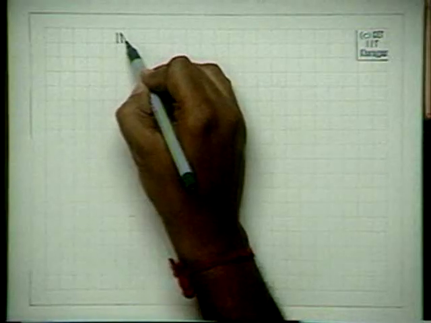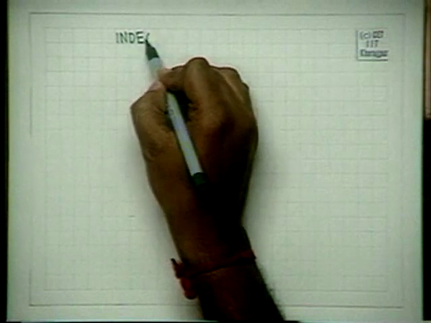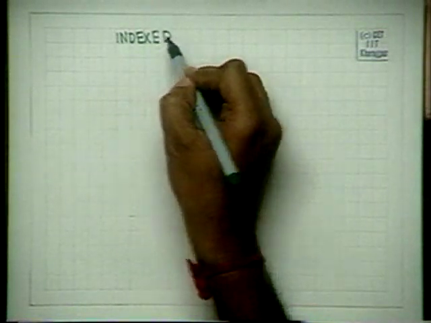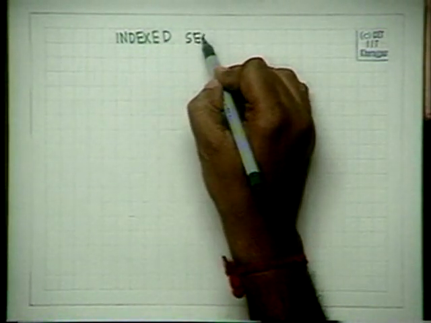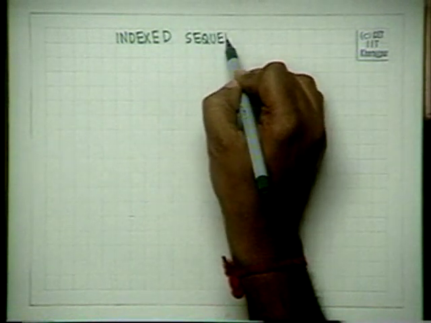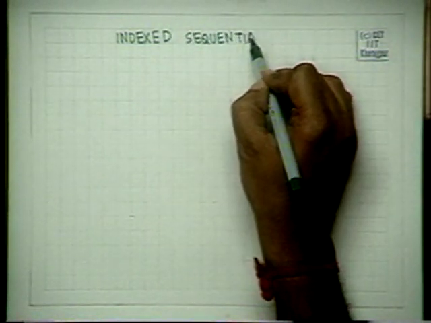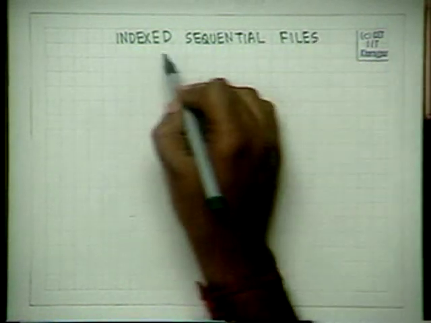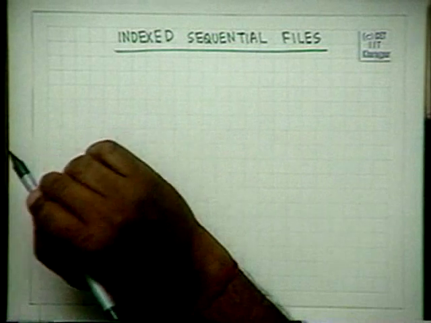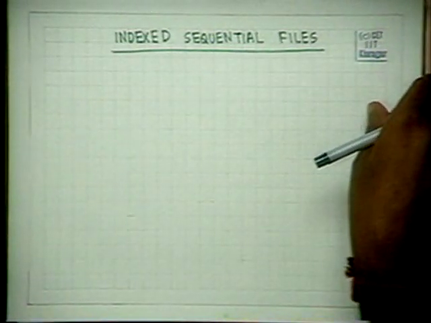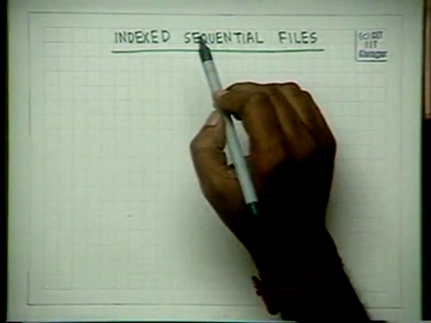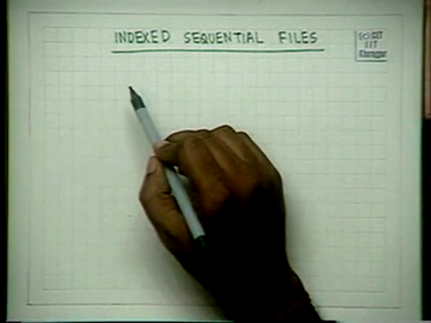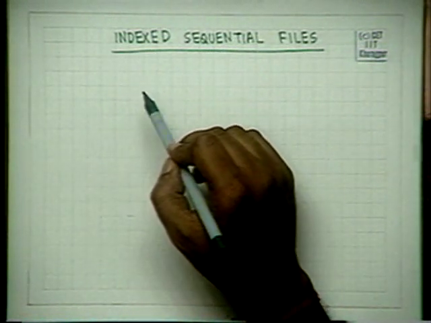Next, we come to indexing in a sequential file. The problem with the sequential file is that access is sequential.